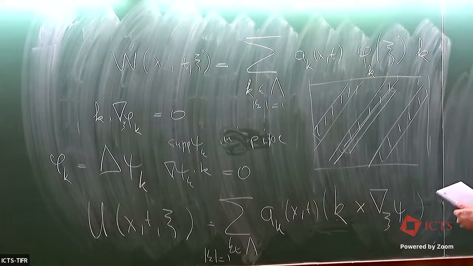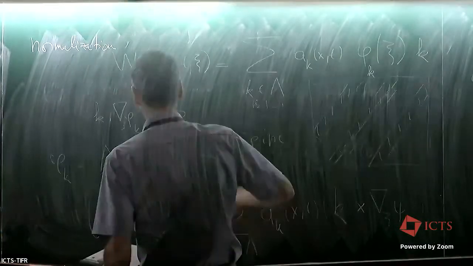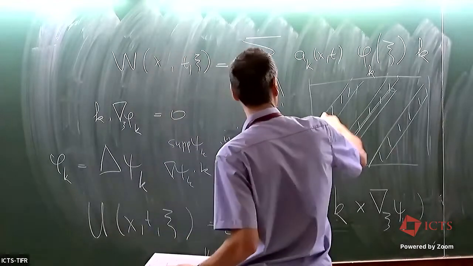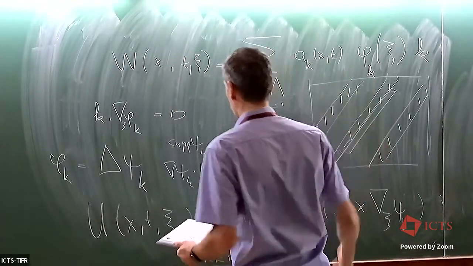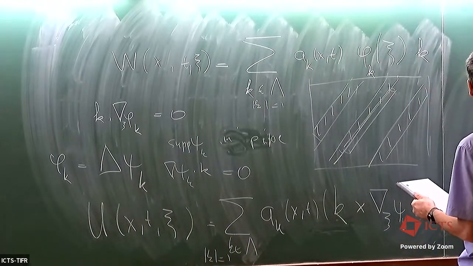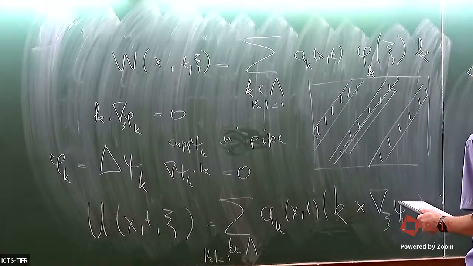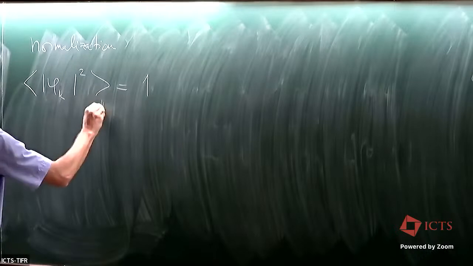And then there is the normalization, which will give me some sizes of the L2 norms to make sure these pipes are good. So first of all, this is the average over the full periodic cube.